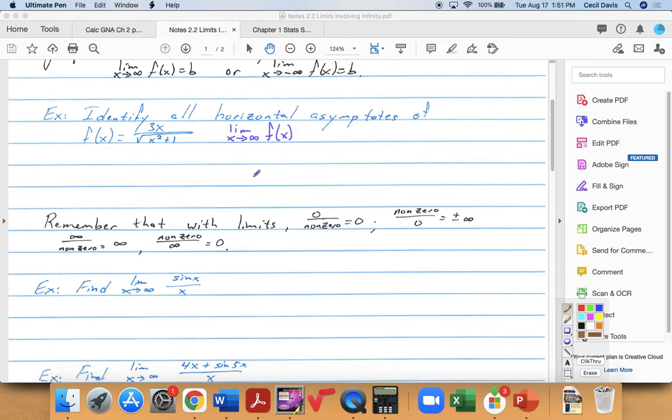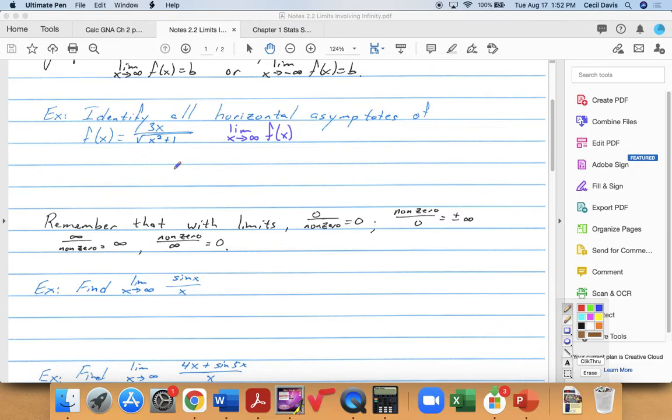And when you think about this, let's look at the denominator specifically, because that's kind of where all the problems occur, right? As x goes to infinity, the square root of x squared plus 1, what has almost nothing to do with what's happening in the denominator? What has the least effect? The plus 1.